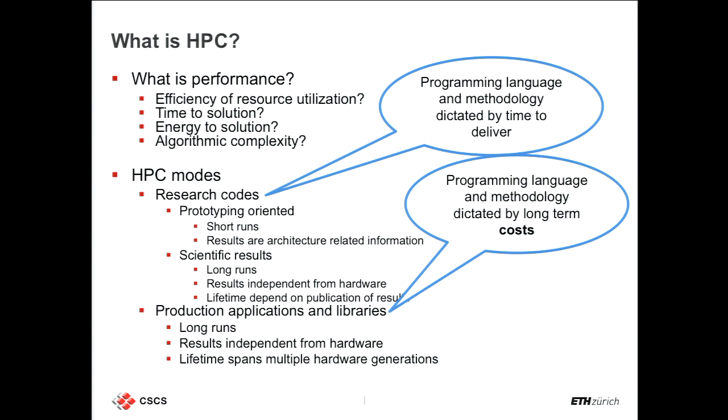In the second mode, the mode of operation is slightly different. You choose a programming language, you choose the methodologies, we'll talk later about what they are, and they are dictated basically by maintenance cost. This is the highest cost when you develop software. It's not the time you write the code. It's the time you have to keep it for 10, 20 years to keep it alive and functioning.